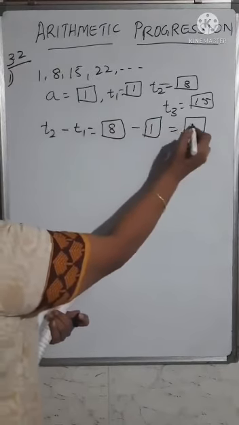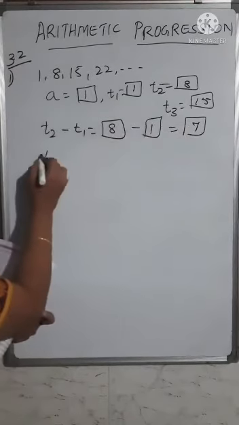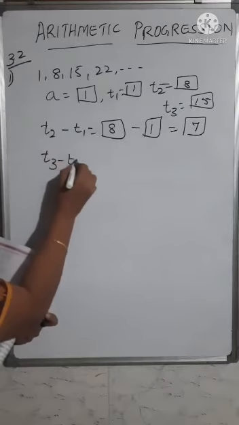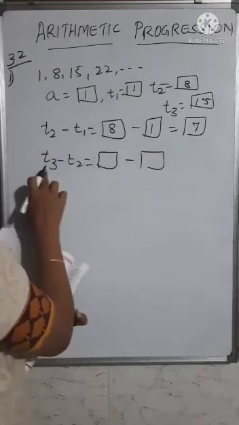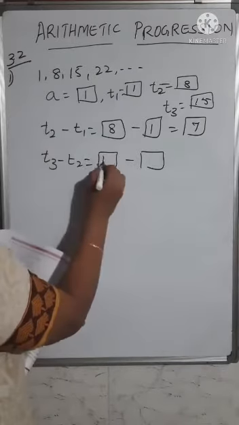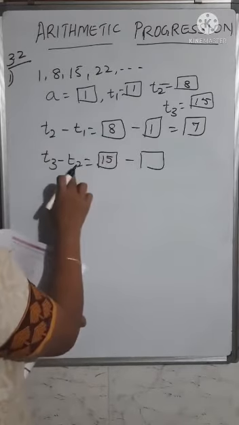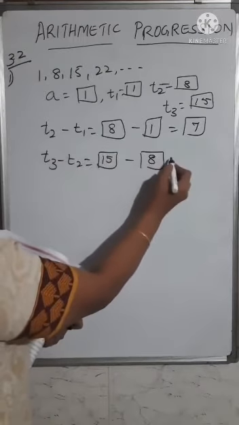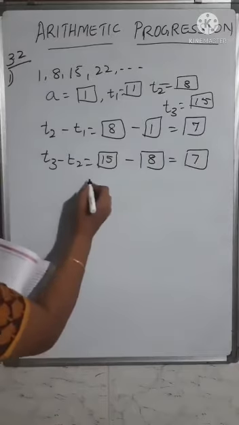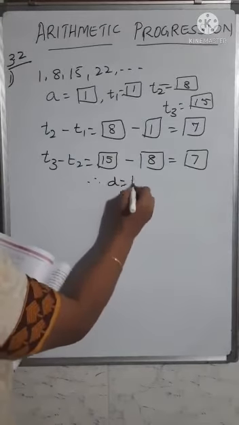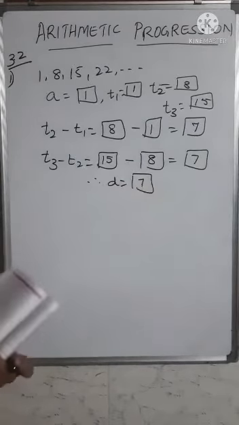T1 is 1. 8 minus 1 is 7. Now T3 minus T2 is asked. T3 is 15 and T2 is 8. So 15 minus 8 is equal to 7. Therefore D is equal to 7, so in the box you write 7.